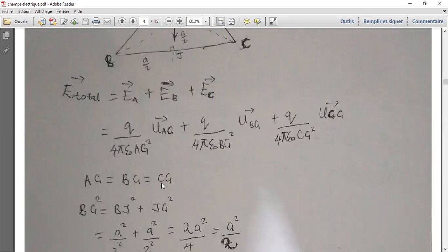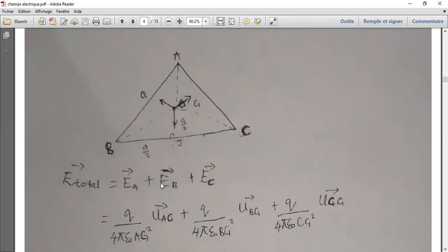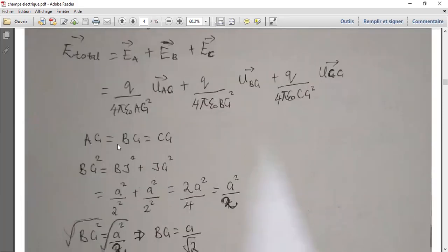This one you should also note, because you are playing with an equilateral triangle which has all sides equal, and the point where the force is caused is in the middle, meaning all the distances AG, BG, CG are equal. So if I know my AG, it means I also know my BG, and I also know my CG.